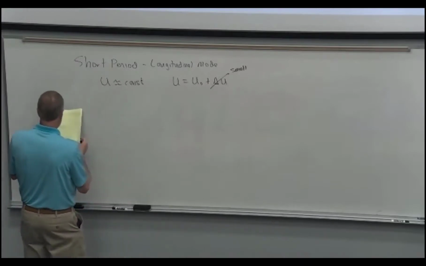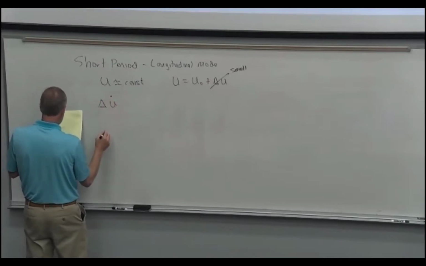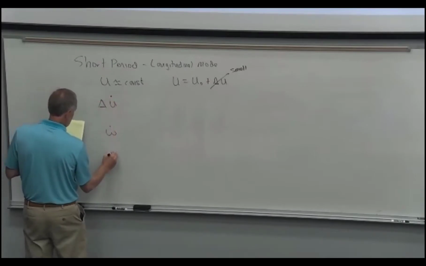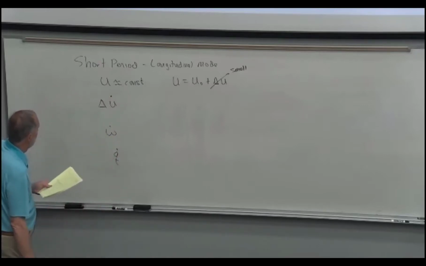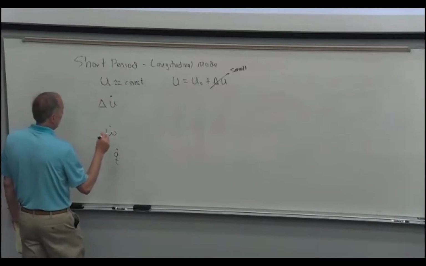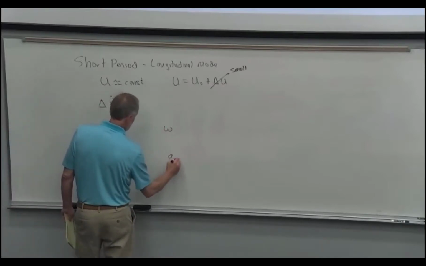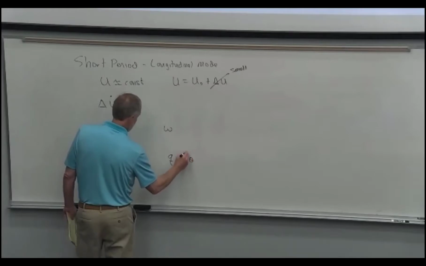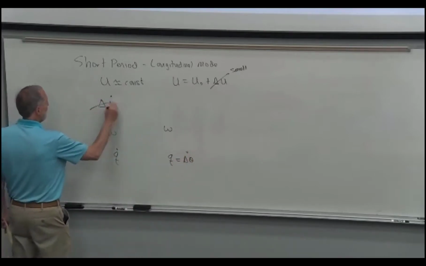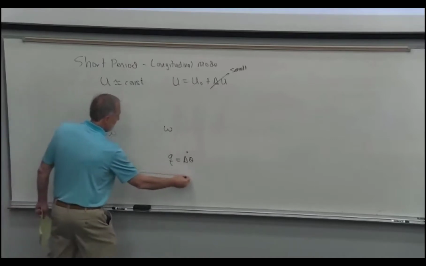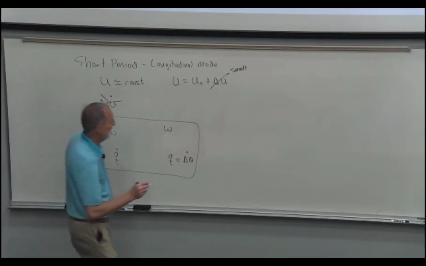So in the longitudinal mode, we have a U dot equation, a W dot equation, and a Q dot equation. And since the only unknowns we have are W and Q, which is theta dot, we can get rid of this equation and just use these two equations for two unknowns. So makes things a lot easier.